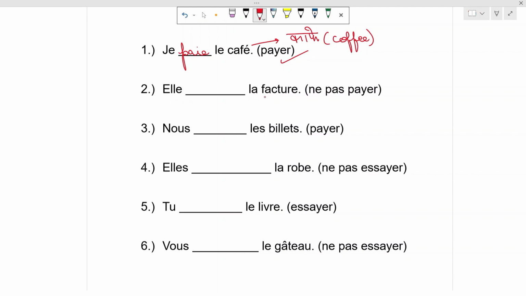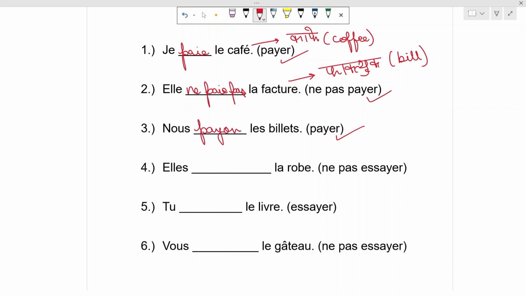Elle, la facture. This means bill. She, here we have to use the negation of the verb payer. Elle ne paie pas la facture. She does not pay the bill or she is not paying the bill. The third one is nous. We have to use the affirmative form of this verb payer.